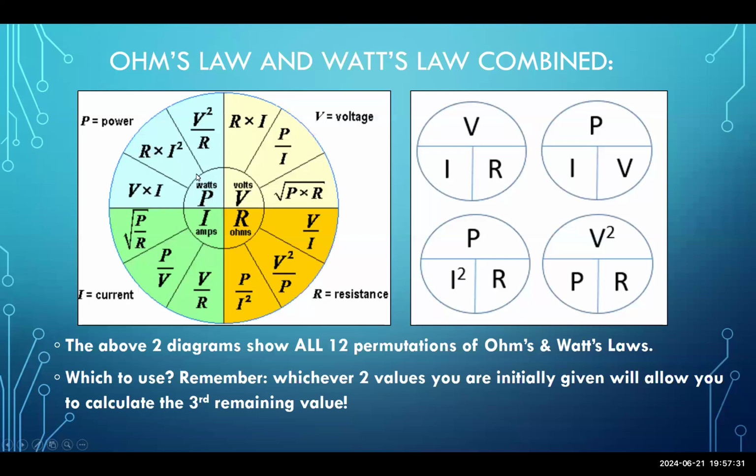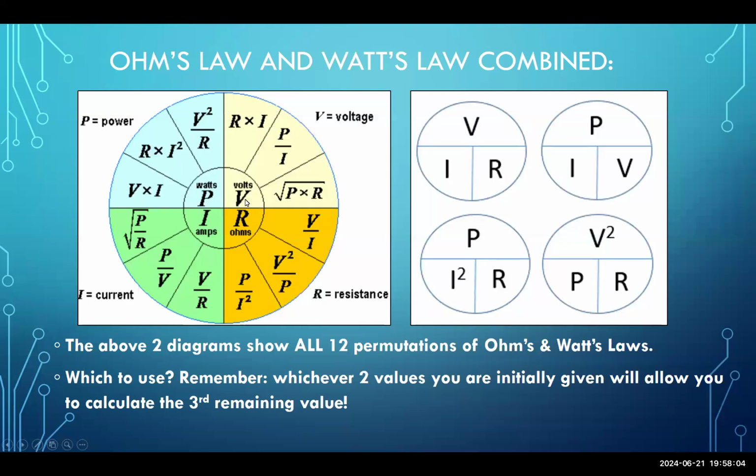So all of the power, P here in the middle, P in blue, can be calculated using this wedge formula, or this wedge. If you're looking for current, current can be calculated using the green wedge here. If you're calculating for ohms, I'm only showing you V divided by I, but ohms can also be calculated using V squared over P or P over I squared.